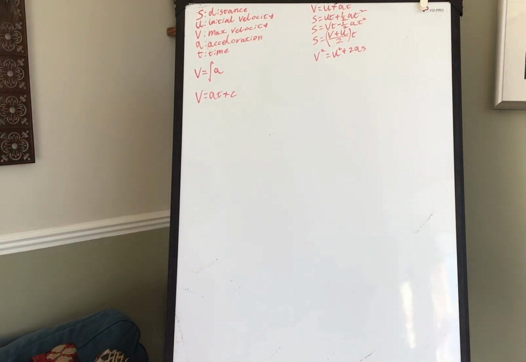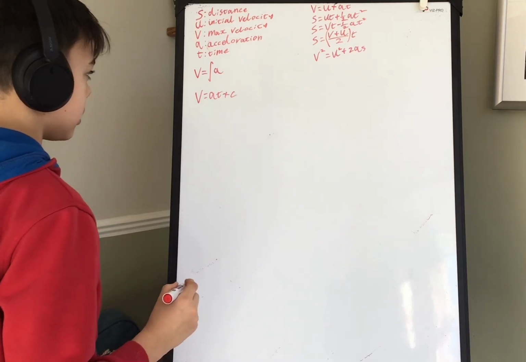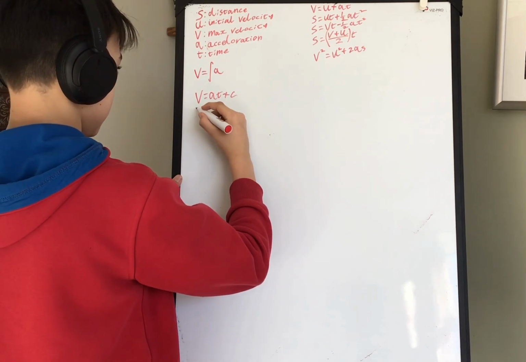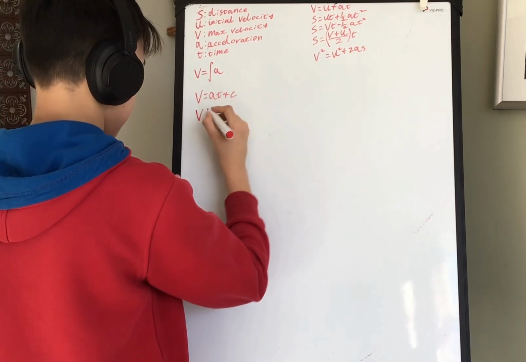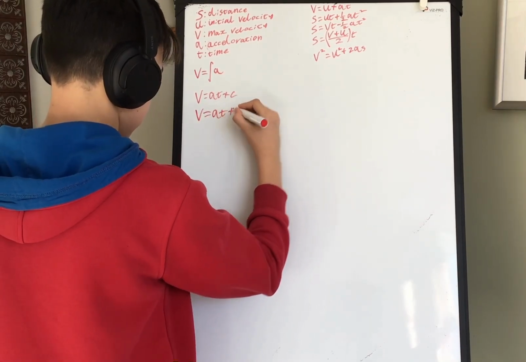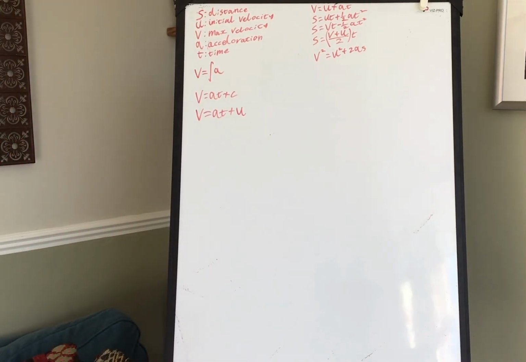But we can figure it out because when t equals 0, this equation has to equal the initial velocity. Obviously when t is 0, this cancels, so C must be the initial velocity. So V equals AT plus your initial velocity, U. Right, that's the first equation.